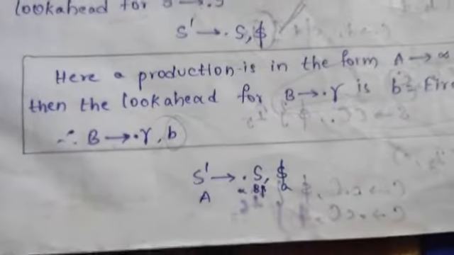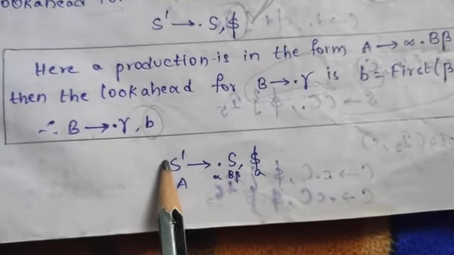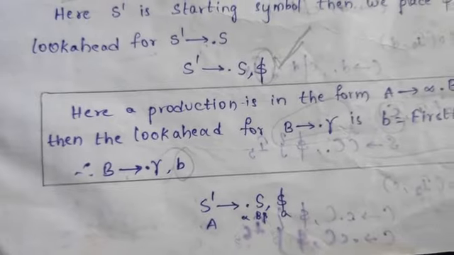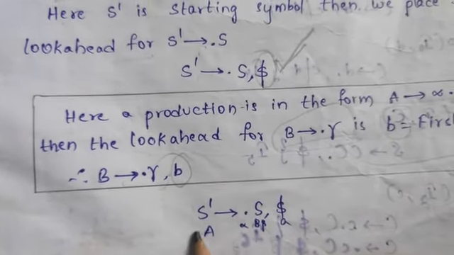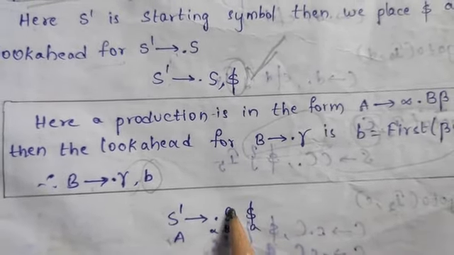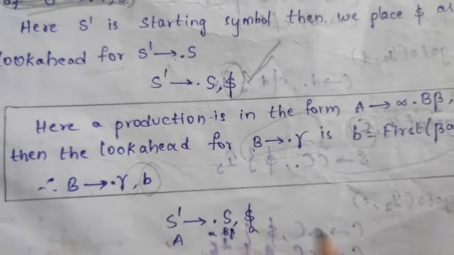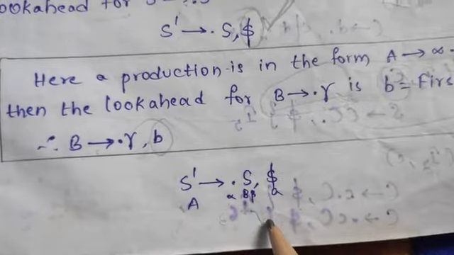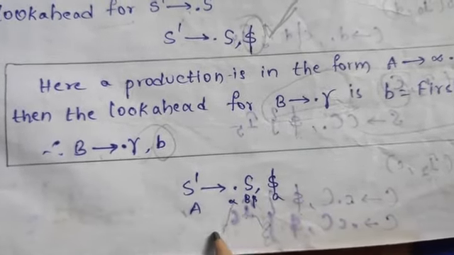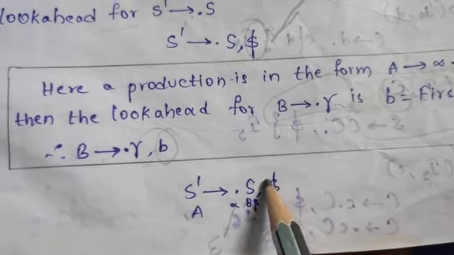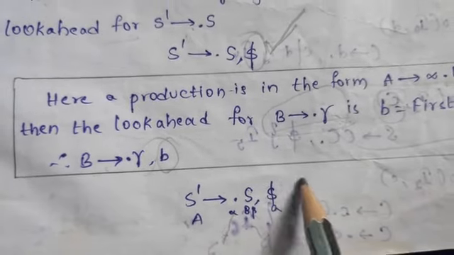So first of all, you take this one. Here S dash is A, B is S, and beta is epsilon. So alpha is epsilon and a is dollar.